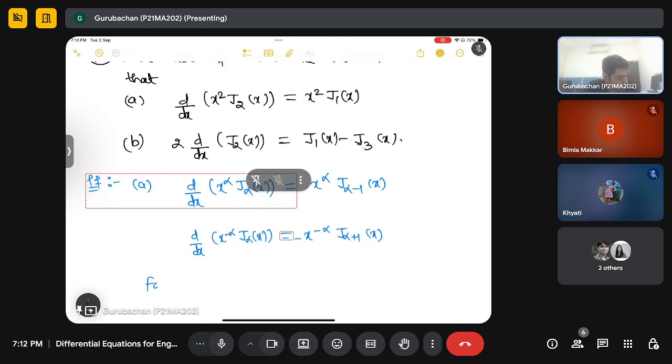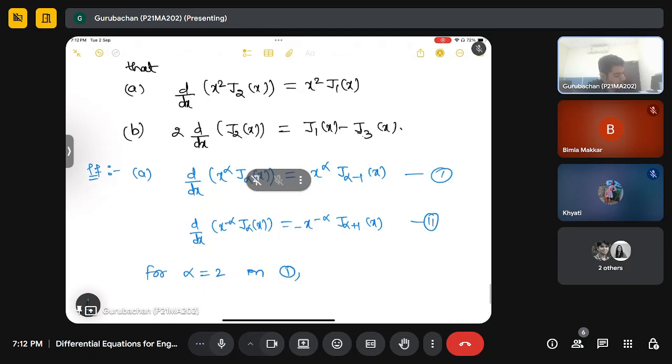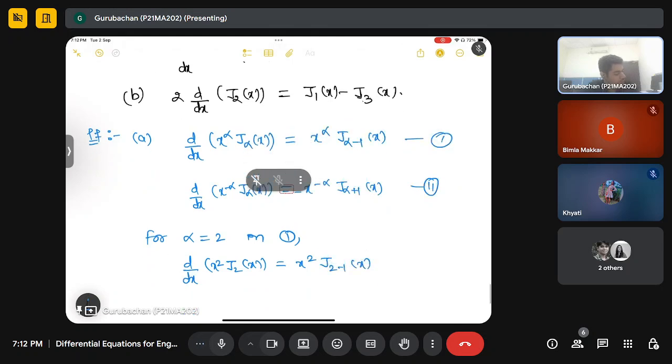So for alpha equal to 2 in 1, what you will get? d by dx of x square J2x is x square J2 minus 1 x, which will be nothing but x square J1x. So it is somewhat straightforward.